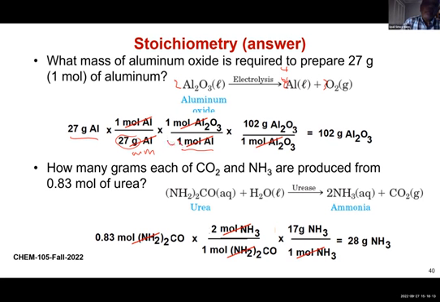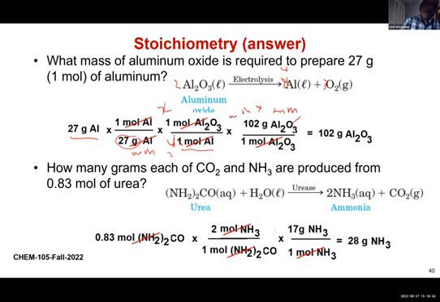This is wrong. 2 moles of aluminum oxide. This is the molar mass of Al2O3. This is moles multiplied by it. So you get this number.